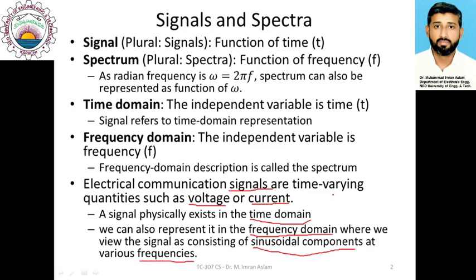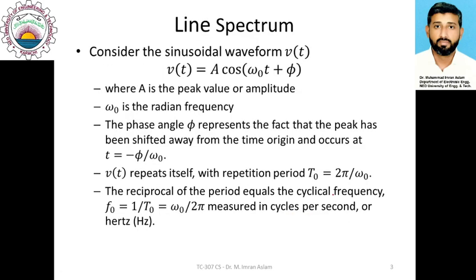So we would have a time domain signal which can be represented in frequency domain with a number of frequencies present in the same signal. In order to further elaborate this concept of frequency domain, let me take a very simple case.